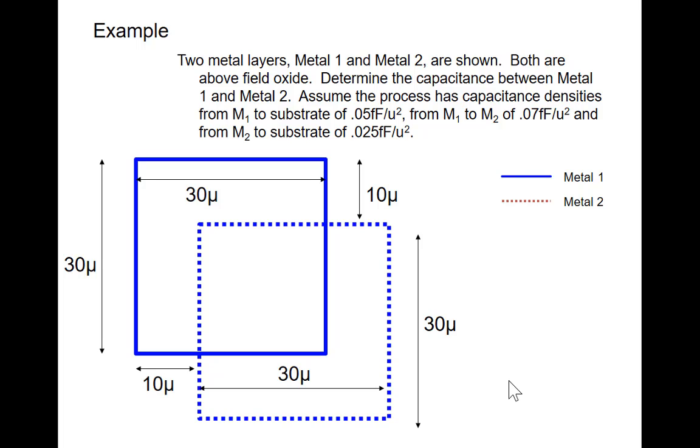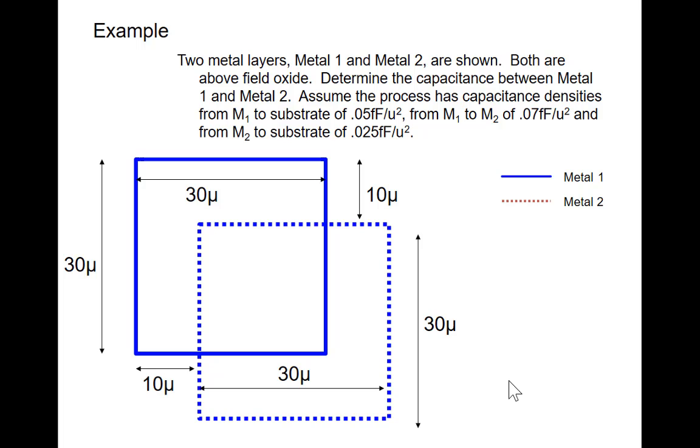Well, the only place metal 1 and metal 2 intersect is in this region right here. So the area of the intersection is 20 microns by 20 microns, so the area of the intersection is 400 square microns. And we multiply that by the capacitance density from metal 1 to metal 2 to find the capacitance from metal 1 to metal 2 on this structure.